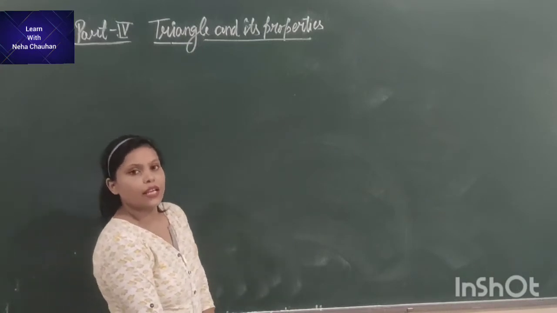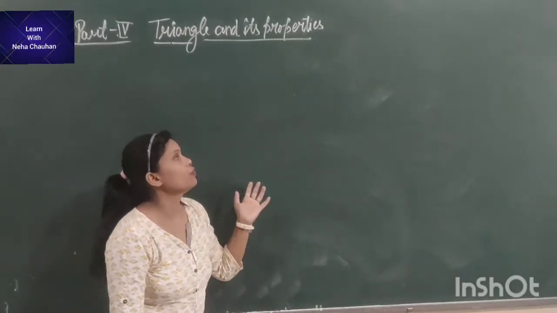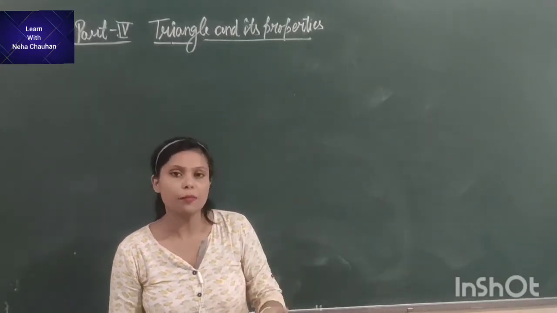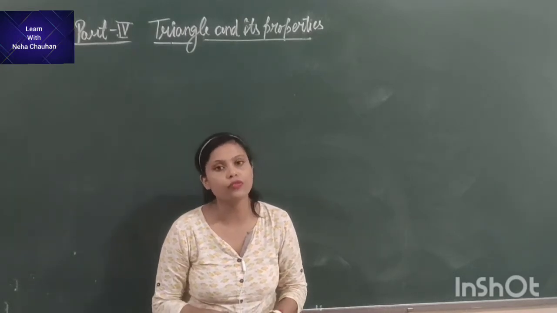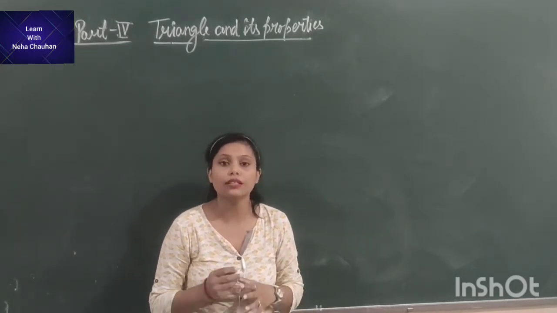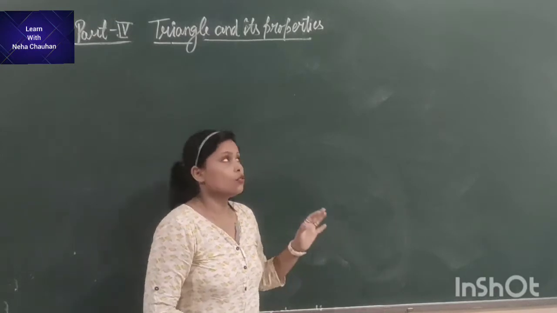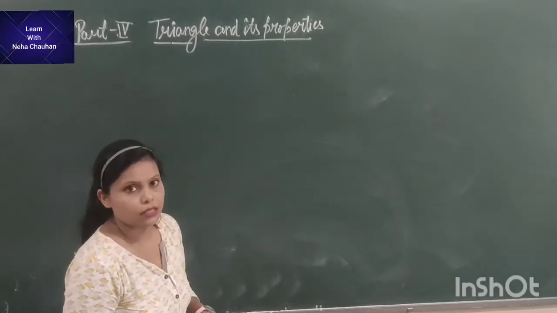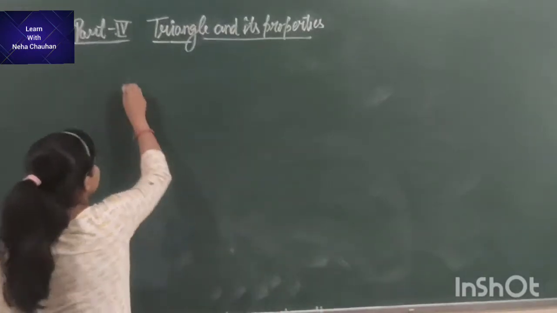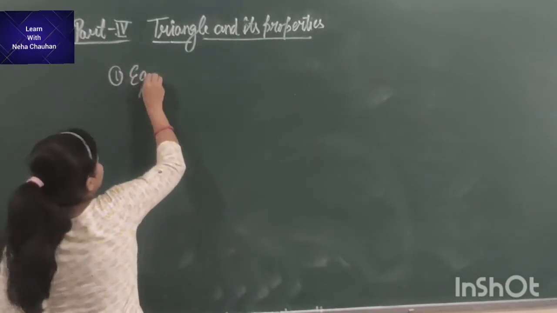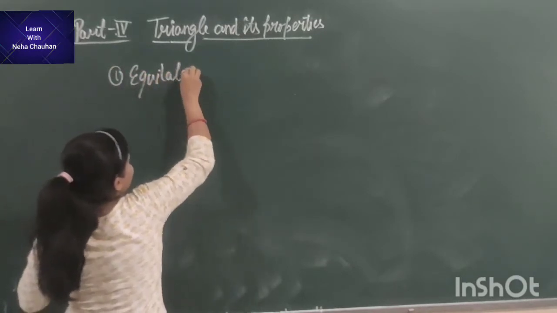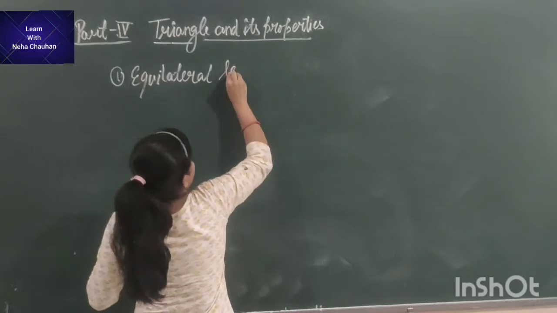Hello students, in the previous part of this chapter we have read about some properties of triangles. Now we will study the types of triangles. In your exercise there are two triangles given, the first is the equilateral triangle.